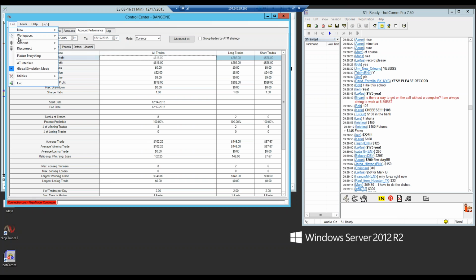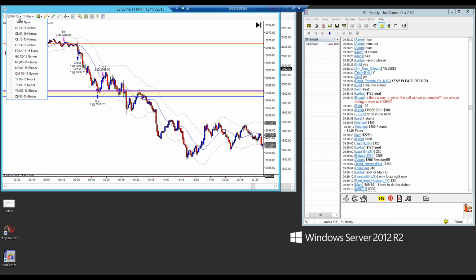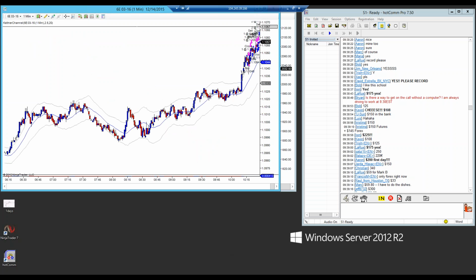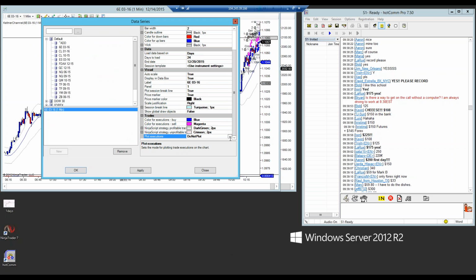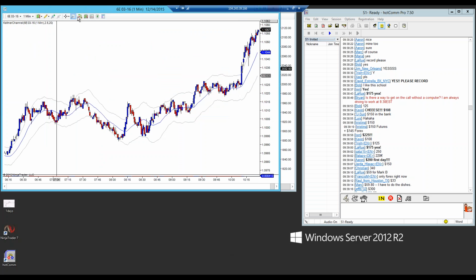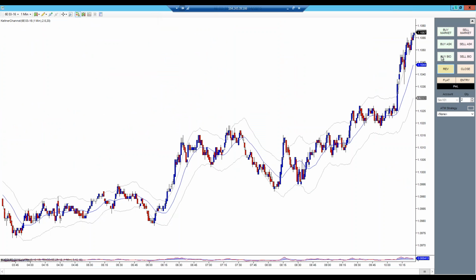Oh, this is off. All right, so let me turn this on and connect to the other platform. Let me show you the difference between bid and ask in two different markets. Okay, we're on simulator, we're good.